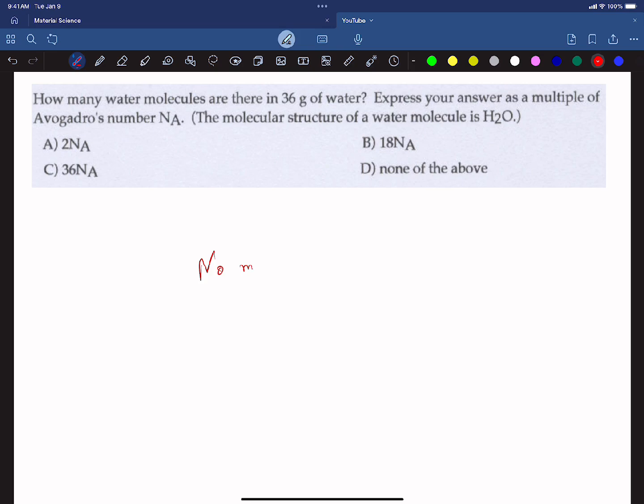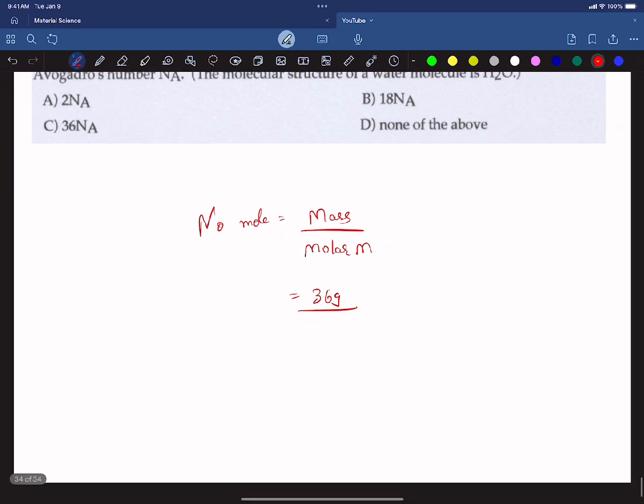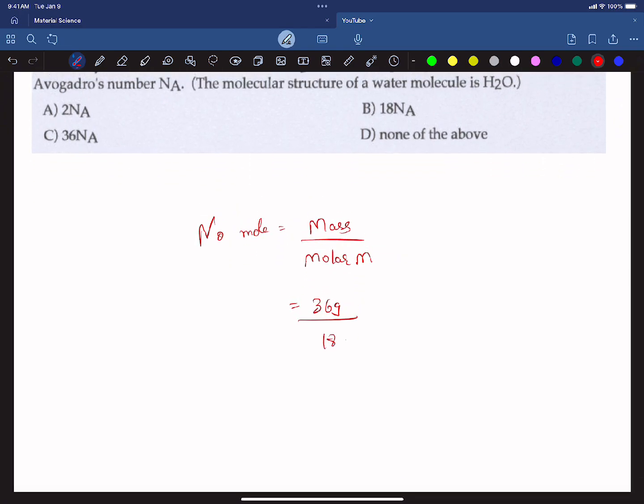Number of moles is equal to actual mass upon molar mass, which is 36, given in the question, divided by 18 gram per mole. This is the molar mass of the water, so it will give you 2 moles.